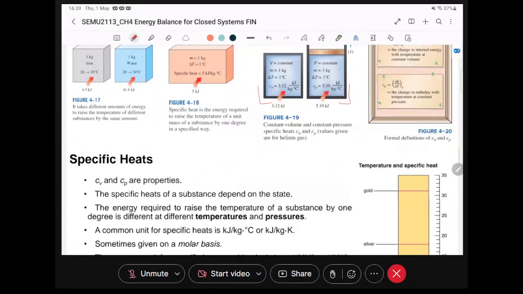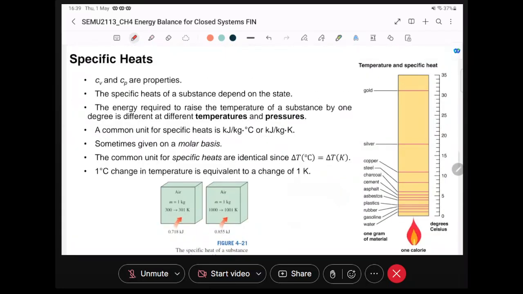And different materials are different. Here you can see roughly the scale for different types of substance, different types of material. There's water, there's liquid, and then there is also solid.